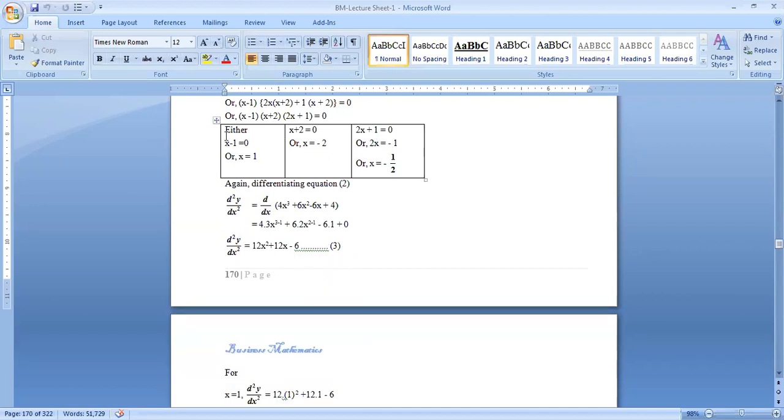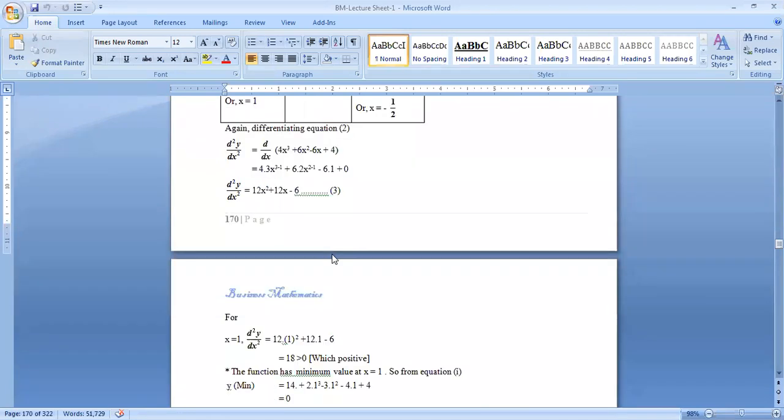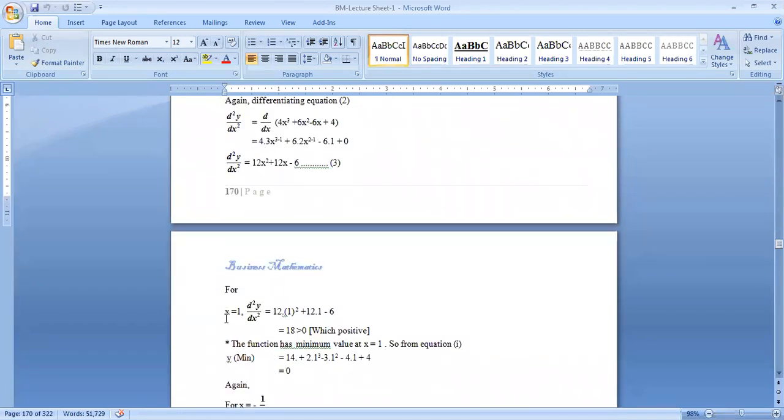Now we have to substitute these values x equals 1, x equals minus 2, and x equals minus half into equation 3 to test which has maximum and minimum. First, taking x equals 1, the double derivative d square y/dx square equals 12 into 1 square plus 12 into 1 minus 6, that means 18, which is positive.